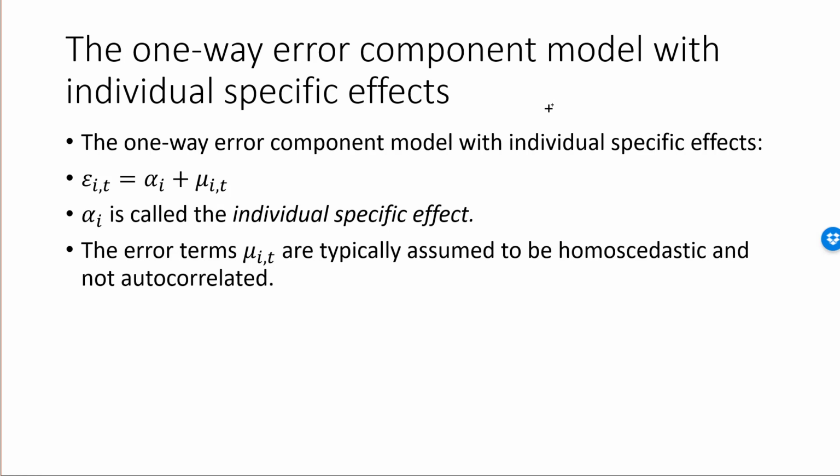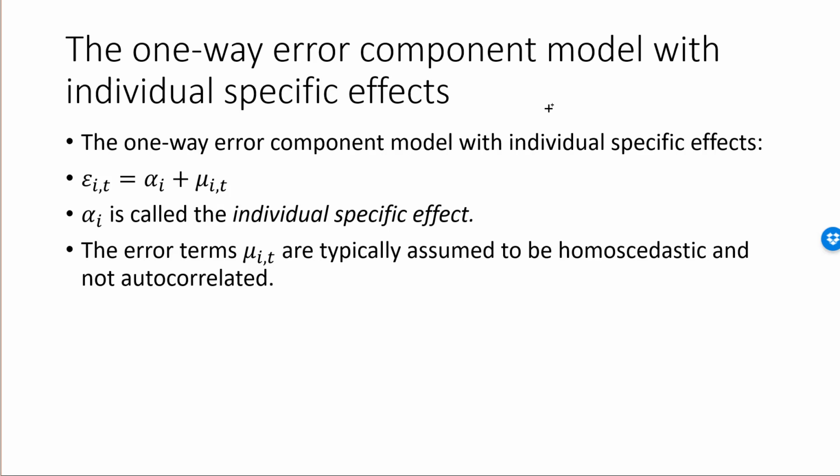If I pull an individual randomly from the population, I don't know what the individual specific effect will be for that individual. But it is a characteristic that the individual carries with herself. The same idea can be applied to data that's not individual data. For example, if I observe houses over time, then alpha i could be the individual or house specific effect.